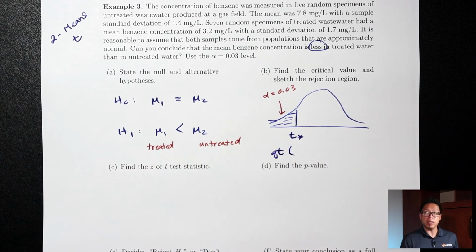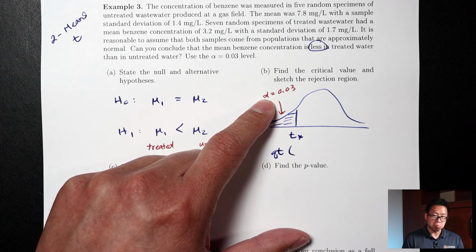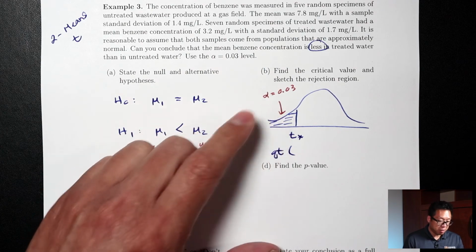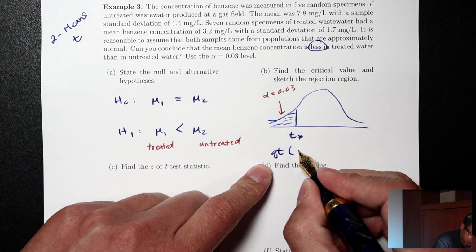So what is the left area here? Is it 0.03? Yeah, 0.03 is the shaded area, which in this particular case is the left side, so I don't have to do anything to it. So the left area is 0.03.